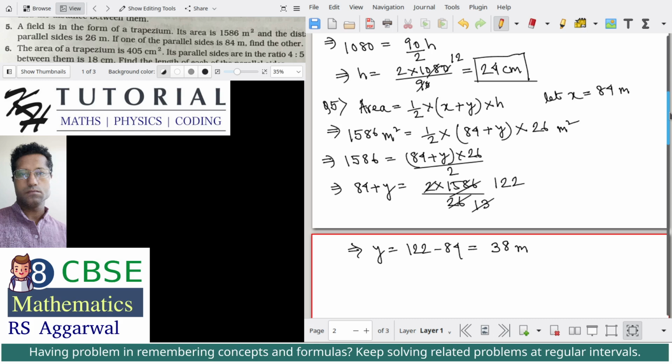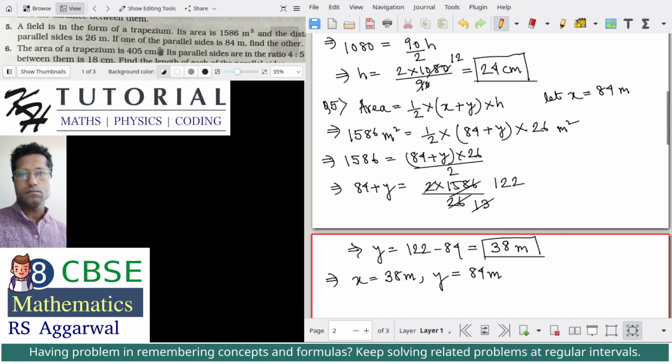So in this problem x is actually 38 meter and y is 84 meter. So the length of the parallel sides are 38 and 84 meter. One parallel side was given as 84 meter. The question was asking about the length of the other parallel side, which is 38 meter. So 38 meter is the answer.